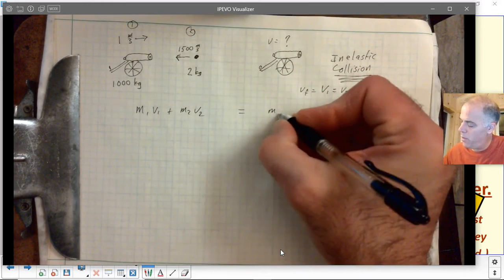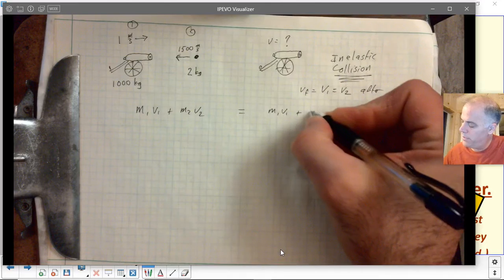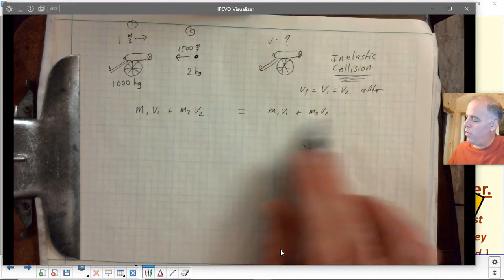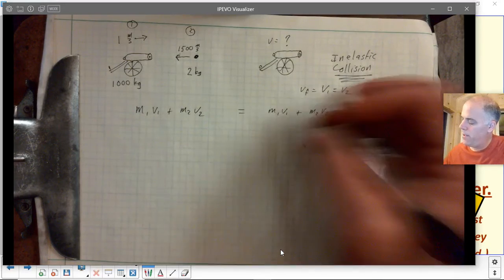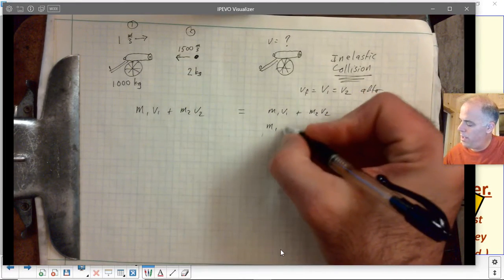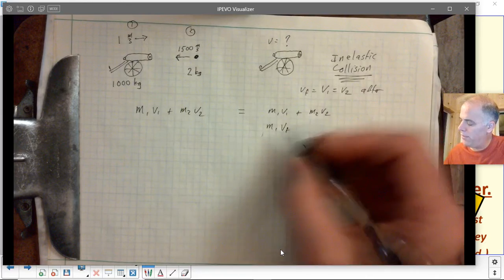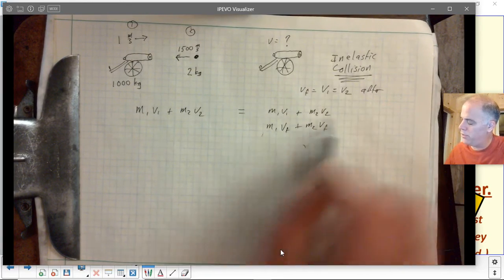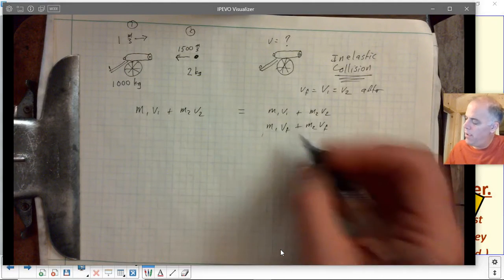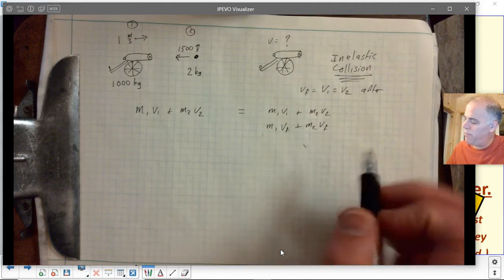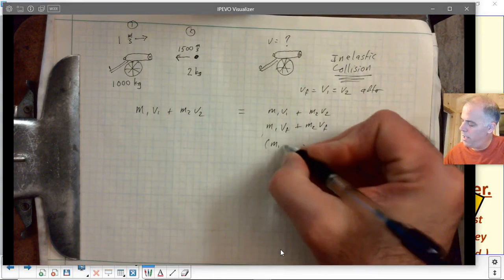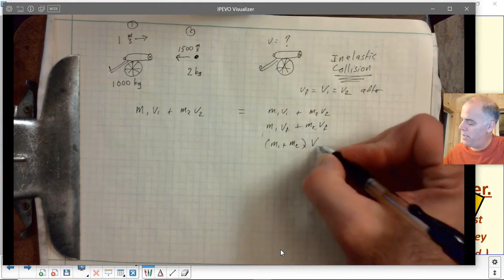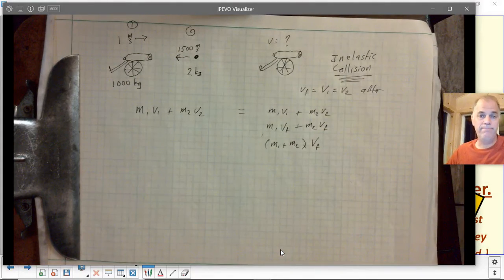I'll do the derivation here. It's going to be m1v1 plus m2v2, but v1 and v2 are the same. So we have m1 times v final plus m2 times v final. We can factor out the v final and make it m1 plus m2. In other words, the total mass is going some speed.